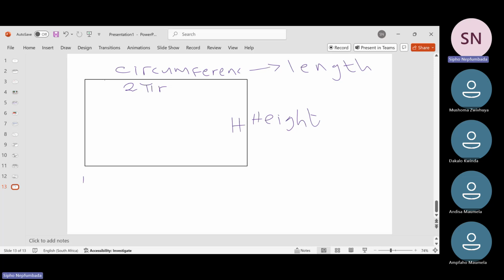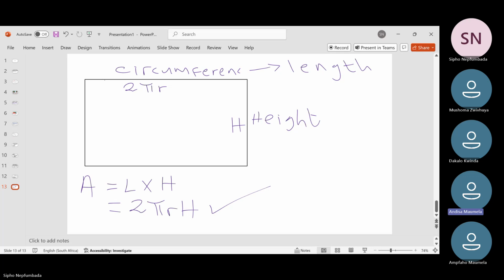You know that the area of a rectangle is equal to length times height, right? Then what is our length? It is 2 pi r. And what is our height? It is h. There we go. Now are you satisfied?